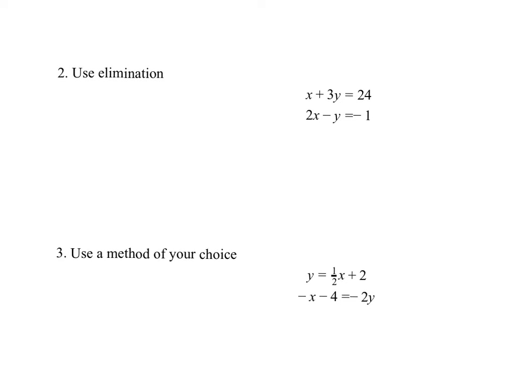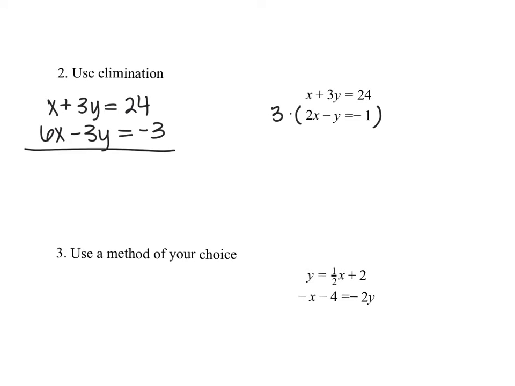If I multiply the second equation by 3, my coefficients will be the same but have opposite signs. So rewriting my system, I leave the first equation alone, x plus 3y equals 24. After multiplying every term by 3, we end up with 6x minus 3y equals -3.